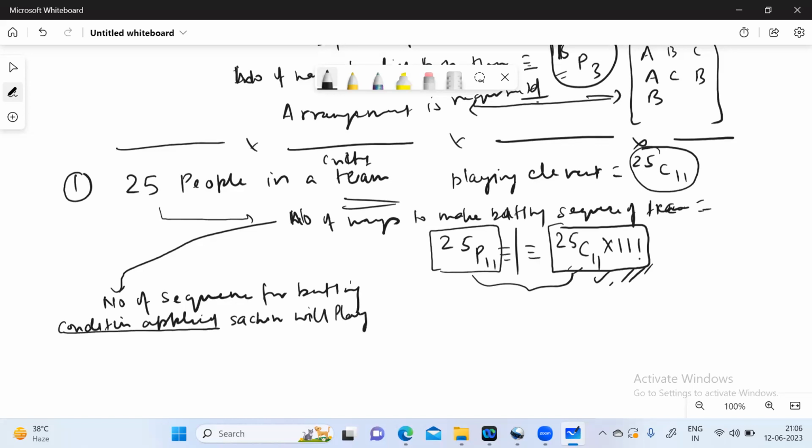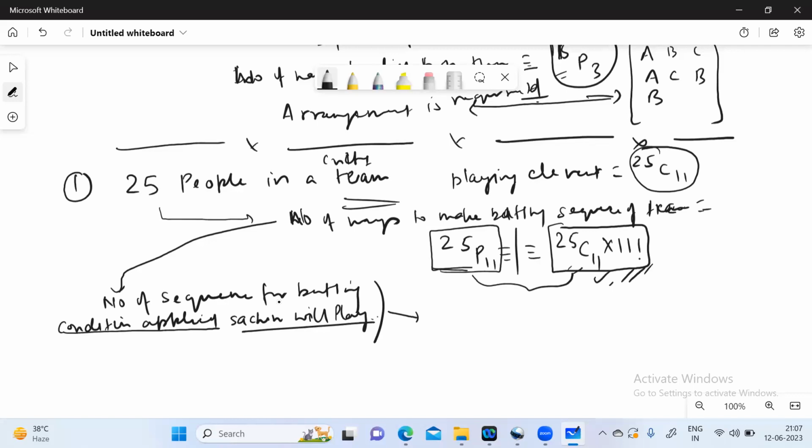There is one player whom you have to keep. So now what will you do? Here you cannot directly use the similar formula P. So first I need to identify in how many ways the team can be created, how many ways the group can be created, because Sachin is fixed. So you just need to identify 10 more players, out of how many players? Not 25, but 24, because out of 25, Sachin is already engaged.